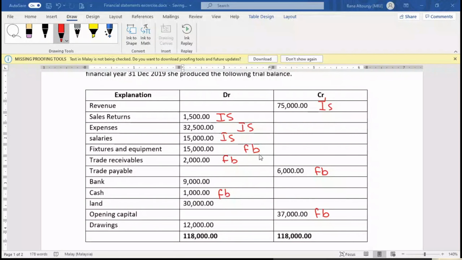What is left? Bank. Yes, financial position. Also the bank, financial position.